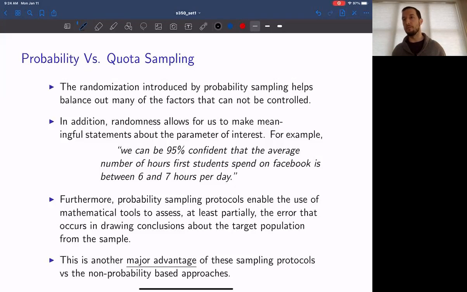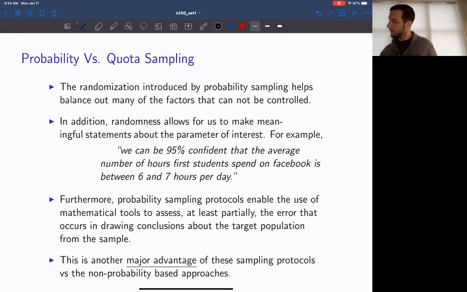They both have their own merits. And depending on the type of population you're studying and what you're interested in, the quota sampling scheme could still be useful. But in a larger, more complex and dynamic population, the probability scheme is going to be one that we can use to build more meaningful statements, at least in my opinion.